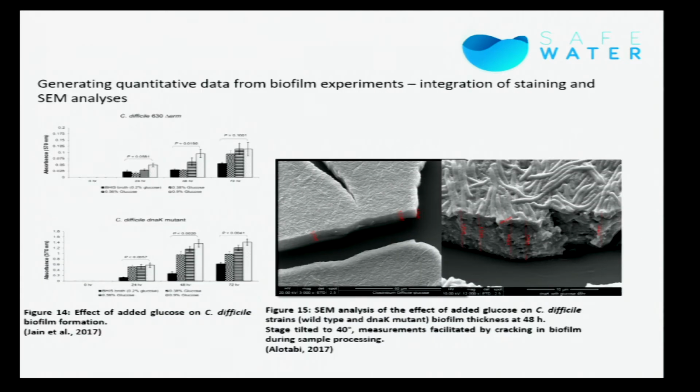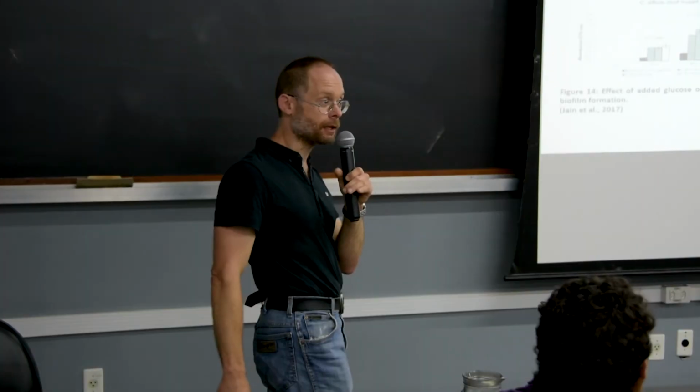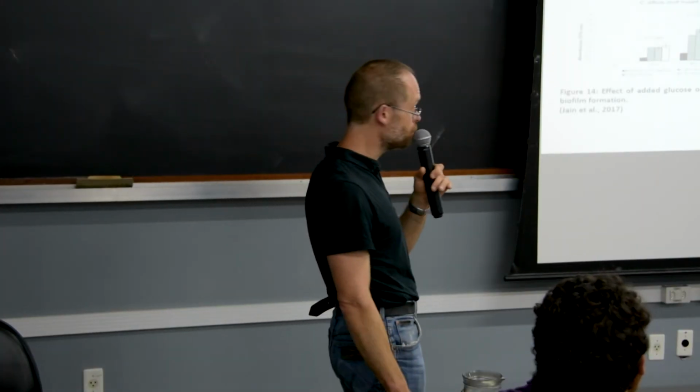So we can also do some other quite neat stuff that we discovered a little while ago. If we grow biofilms and process them for scanning electron microscopy, this is back to C. difficile, which can be encouraged to form a fairly good biofilm. And we can measure crystal violet staining and show that things differ and build up and get bigger.